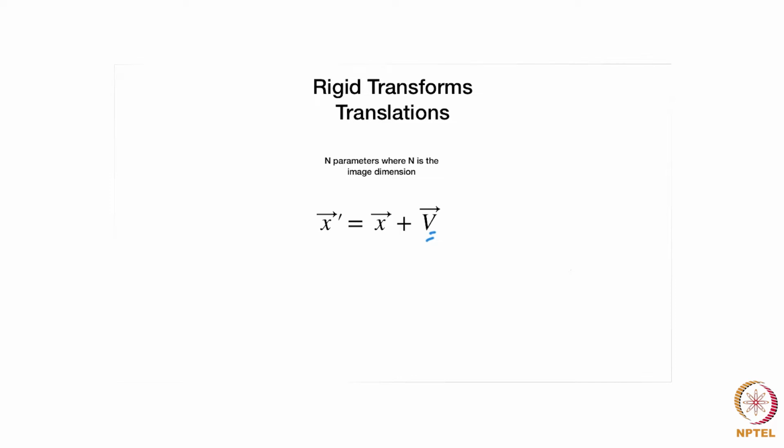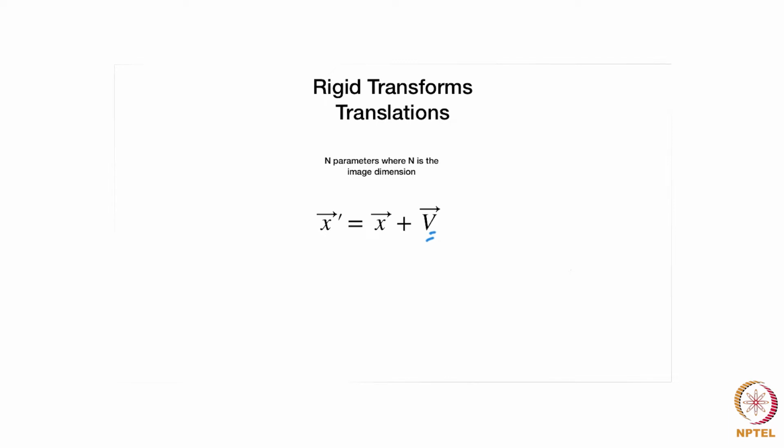Okay, so I've written it in the form of a vector because the idea is that x prime and x both have a certain number of dimensions depending on the image. So for instance, if it is a 2D image, x prime will be two-dimensional. If it is a 3D image, x prime will be three-dimensional.